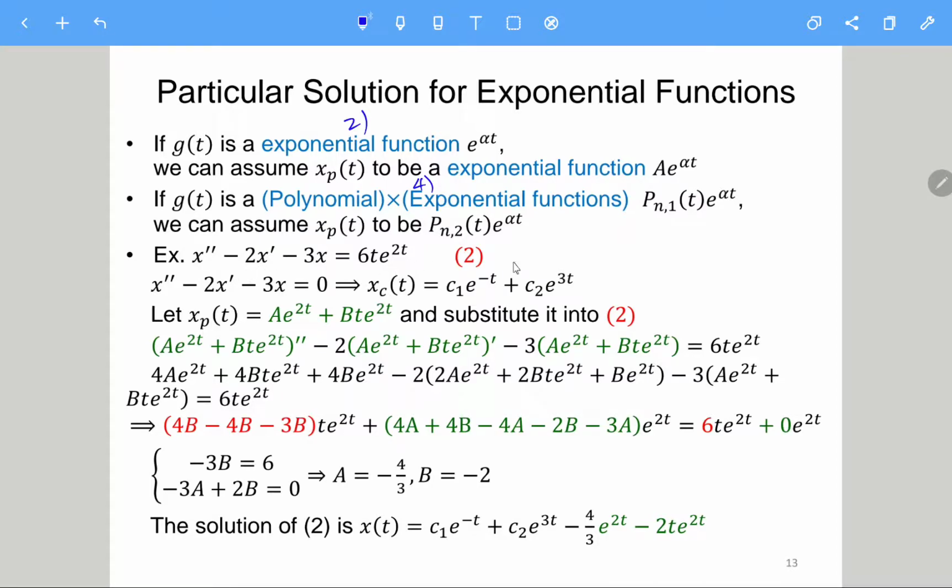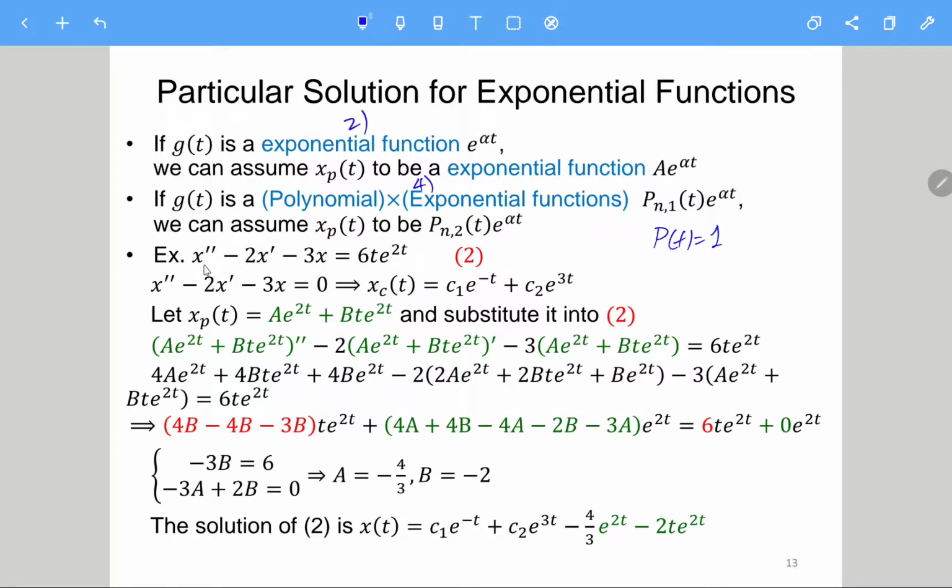I directly jump over the first case, because the second case also includes the first one. You can just let p of t be 1, and p of t equals 1 is actually a zero order polynomial, just a constant here.